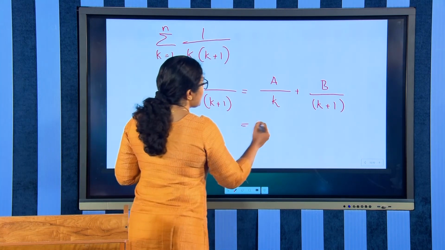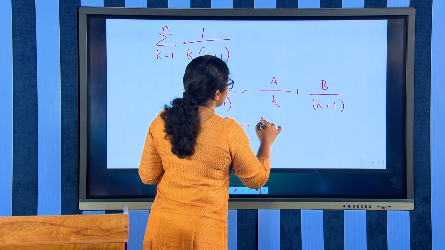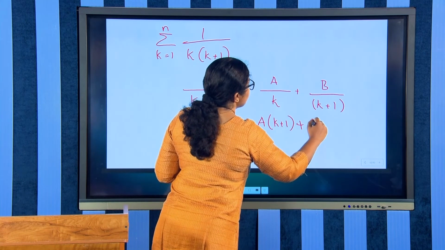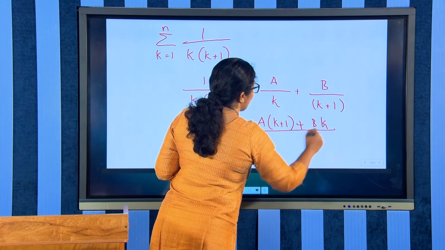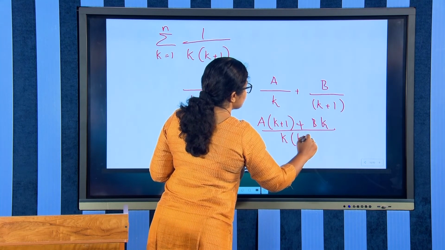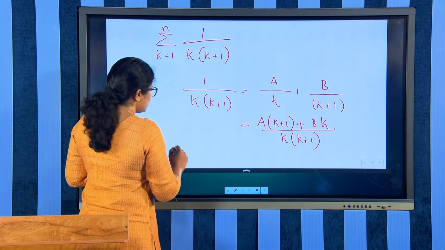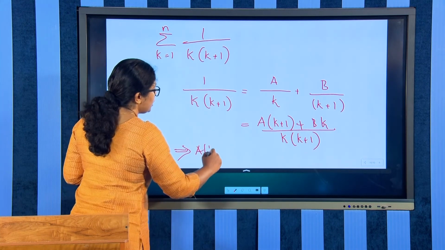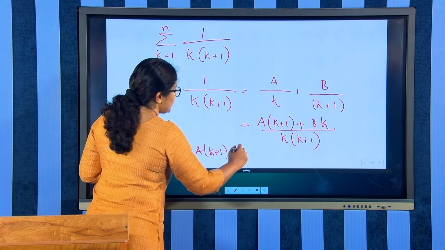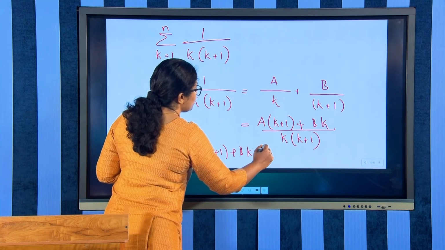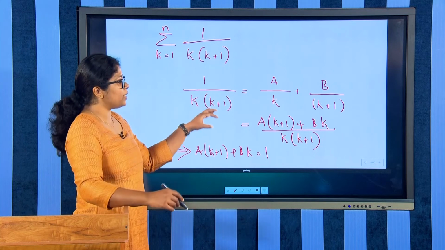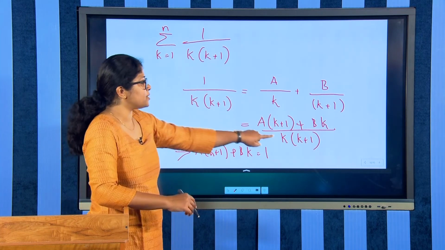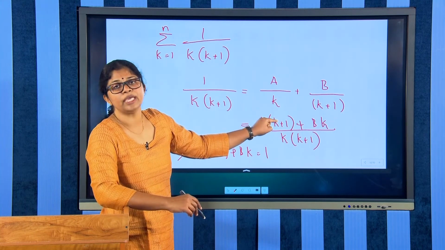So taking the LCM and on simplification you will be getting a into k plus 1 plus bk upon k into k plus 1, which gives you a into k plus 1 plus bk is equal to 1, because the denominator is the same, so the numerators should also be equal.